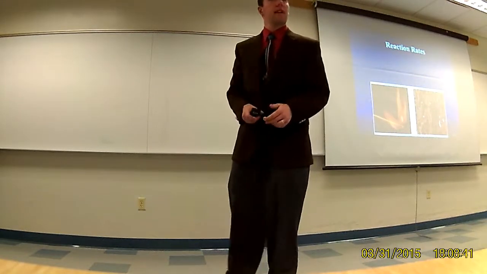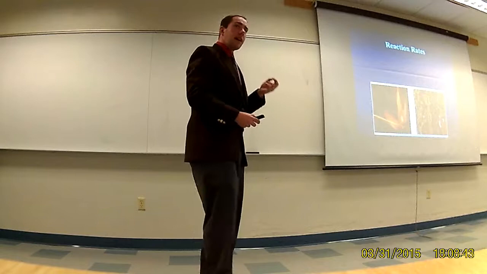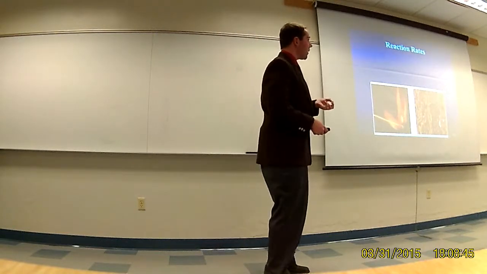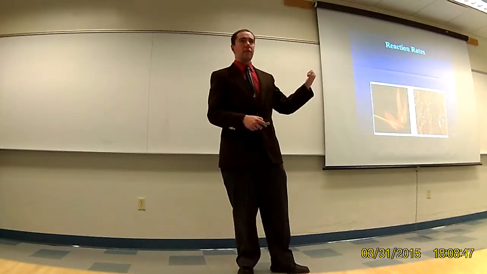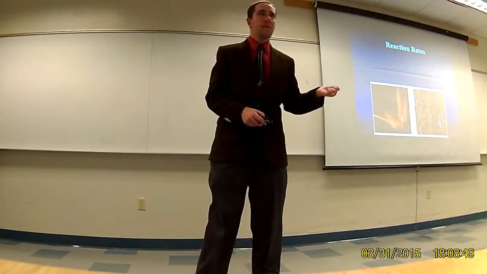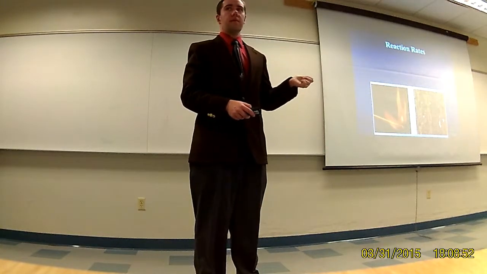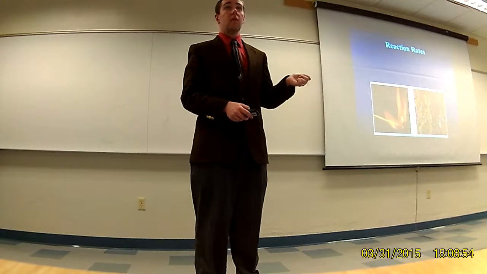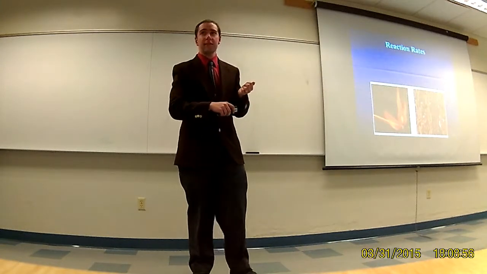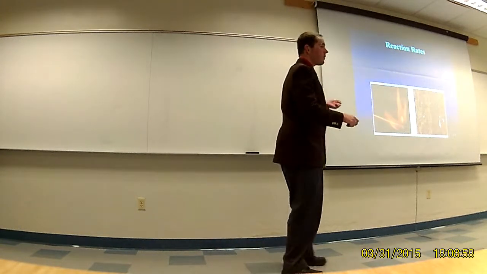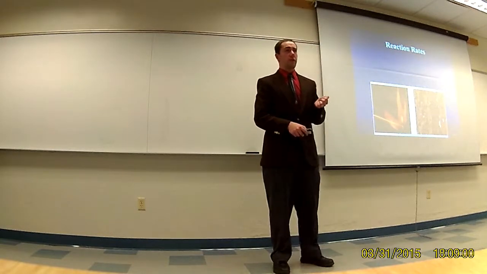It's rusting, it's reacting with oxygen in the air, it's oxidizing. But what can you say about the speed of these two oxidation reactions? The match is faster, the chain is slower. Right. The match is very fast. The chain rusting is very slow.